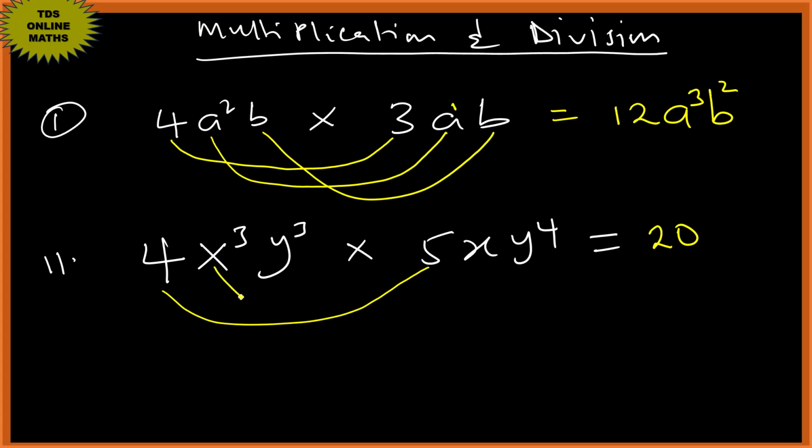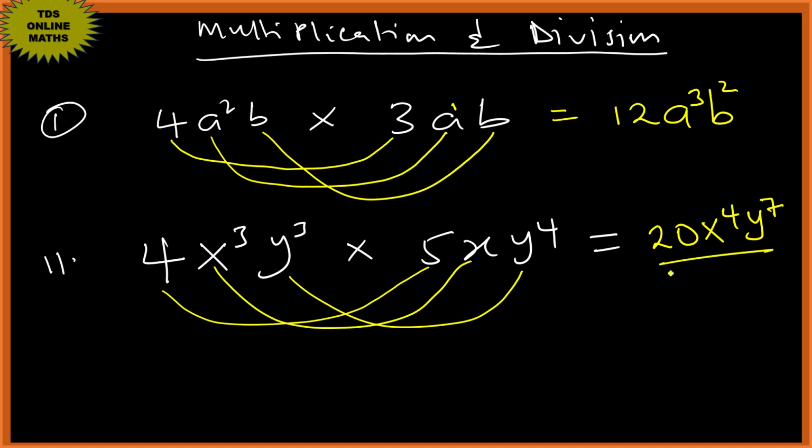X to the power 3, x to the power 1, gives x to the power 4. y to the power 4, y to the power 3, gives y to the power 7. So that's the answer.